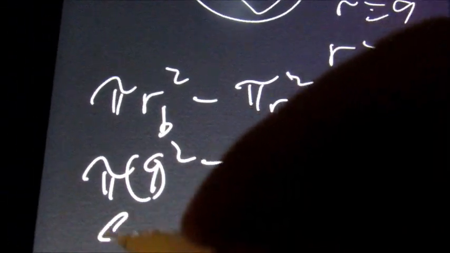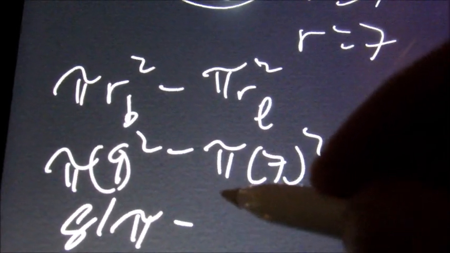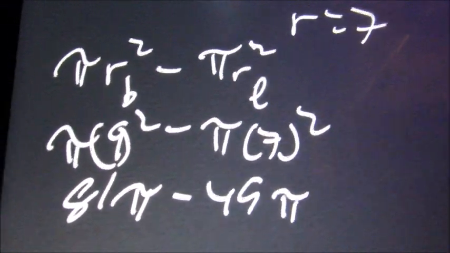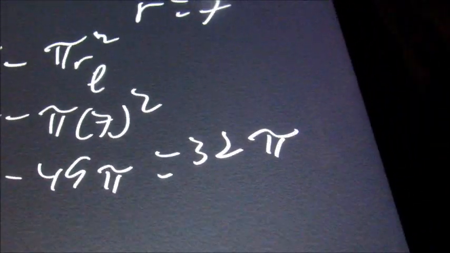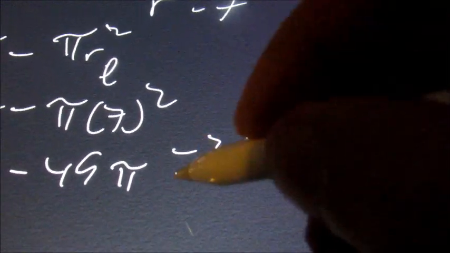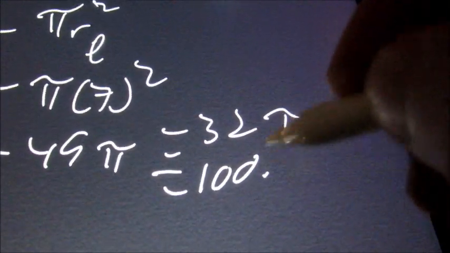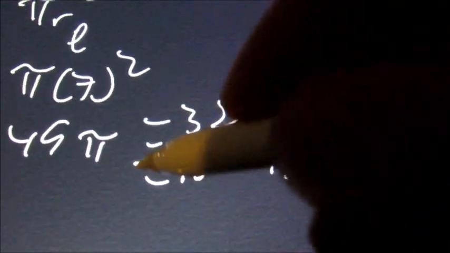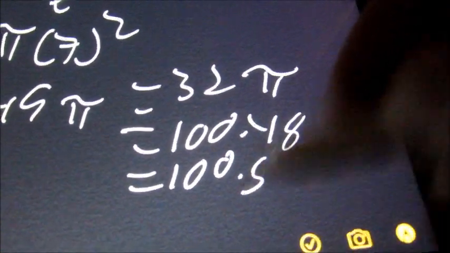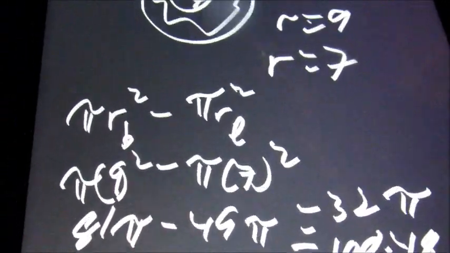So this means 81 pi minus 49 pi, which is 32 times pi. 32 times 3.14 is 100.48. If it says to round to the nearest tenth, it'll be 100.5. So that's how you're going to do this one.